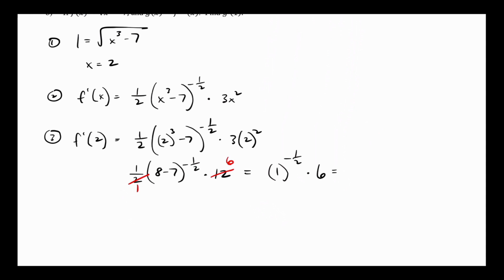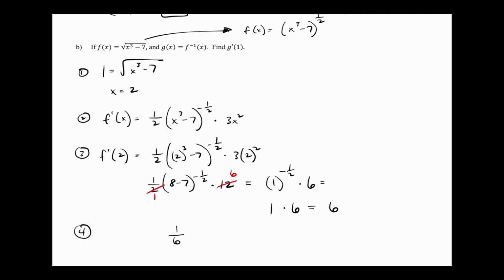So if I flip 1 and find the square root, what do I get? 1. So I get 6. And then the last step is the easiest one, flip it. So g inverse prime of 1 equals 1/6.